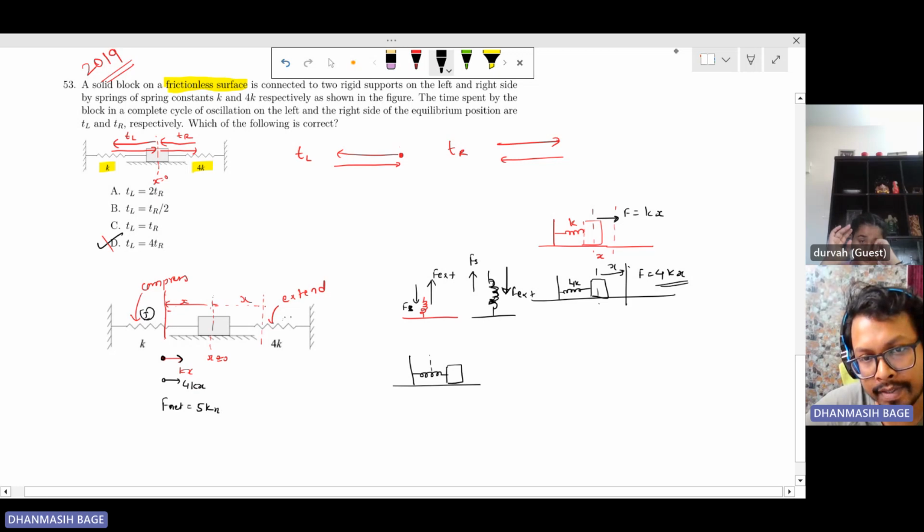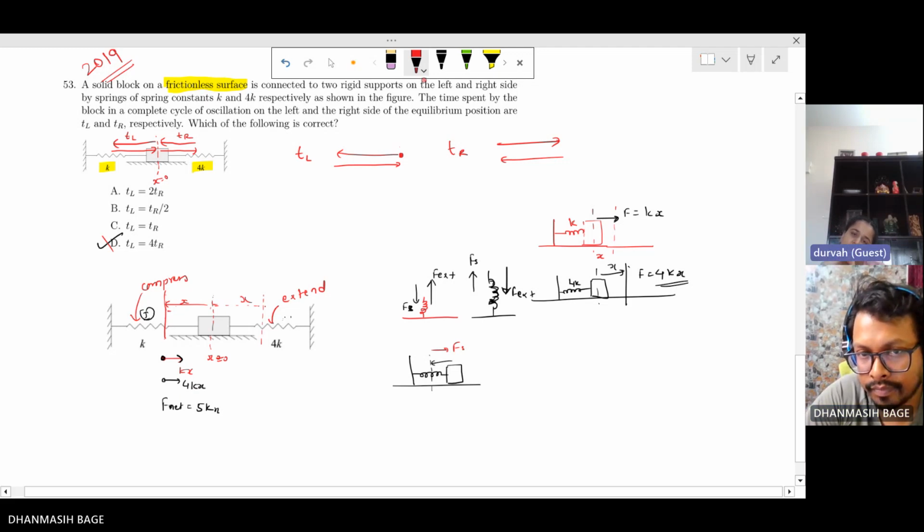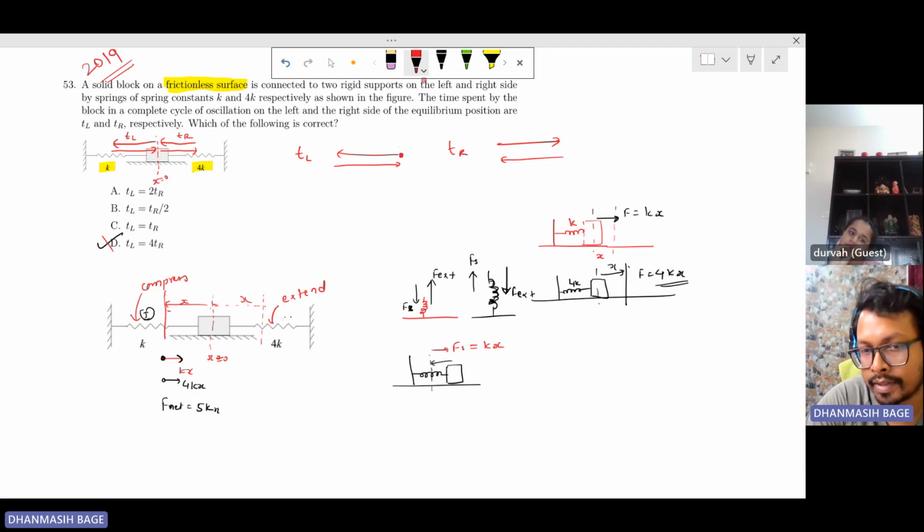If you compress it to this position, spring force will be in which direction? This direction. If you compress it, that is the case. Spring force is in this direction, and that will be exactly equal to kx. Forget about the sign at this time. Just think about the magnitude, because direction we already know, right?